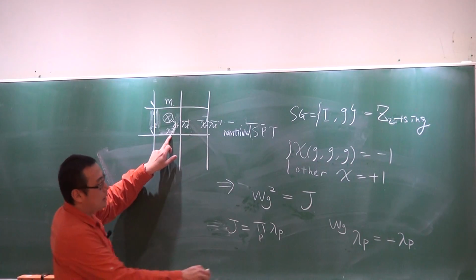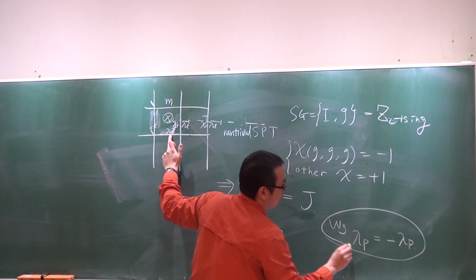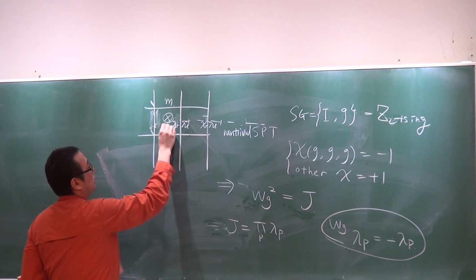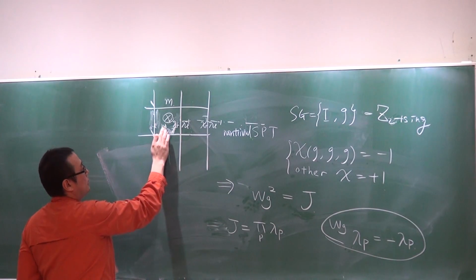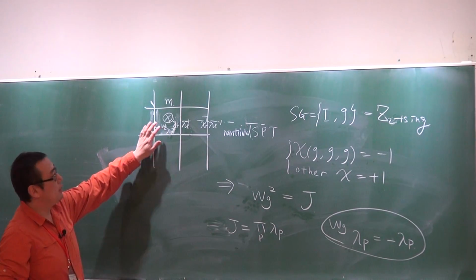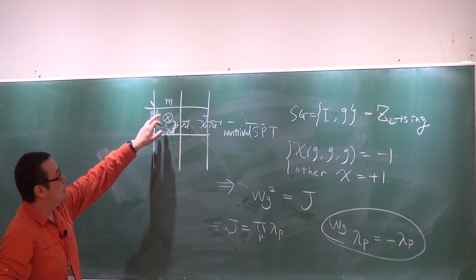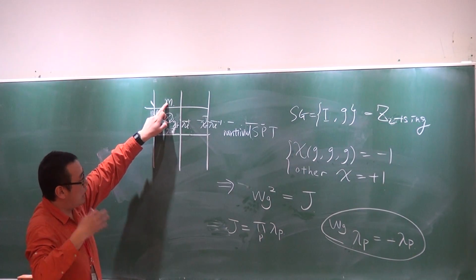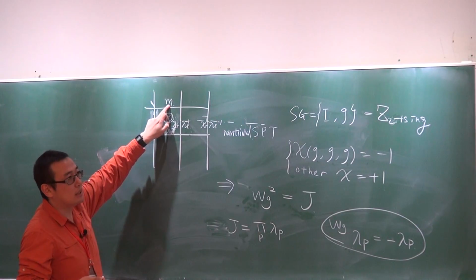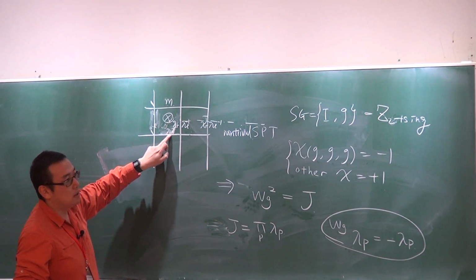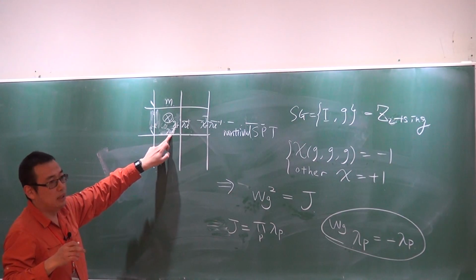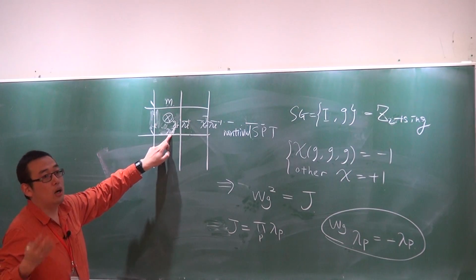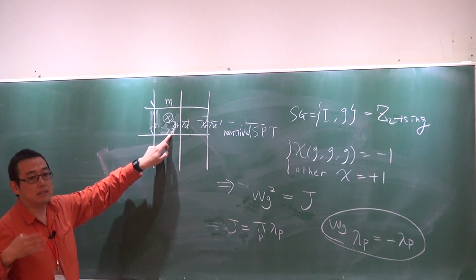And here, this equation tells you that if you have a WG acting on this lambda, you will pick up some minus sign. So physically, it means you have an m condensate, and the condensed m particle under the symmetry transformation is Ising odd. It picks up a minus sign, Ising odd.